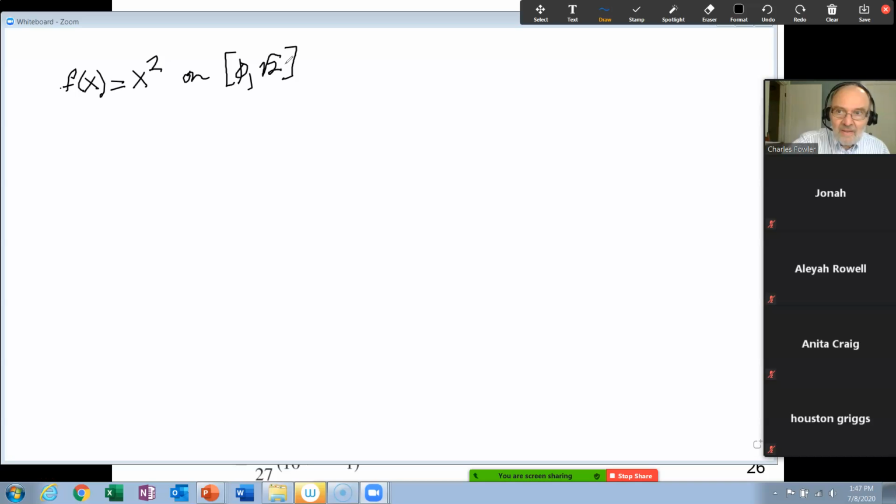Now, that of course is a parabola, and that parabola is revolving around the y-axis. And it's going from 0 to root 2, which on the y-axis is going from 0 to 2.